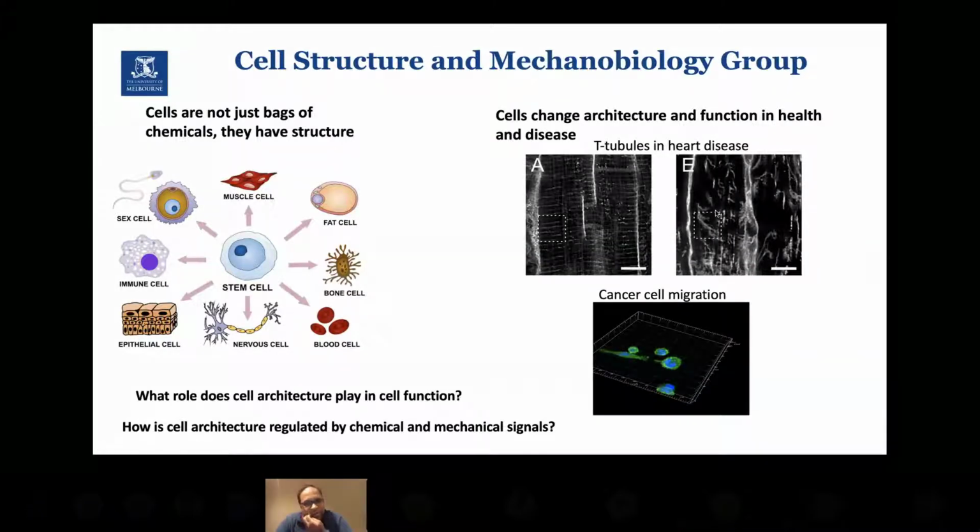Another example where cell architecture is very important, and probably more dynamic, is cell migration. And that's also an area that we've been slowly building up, but I won't get into that today.